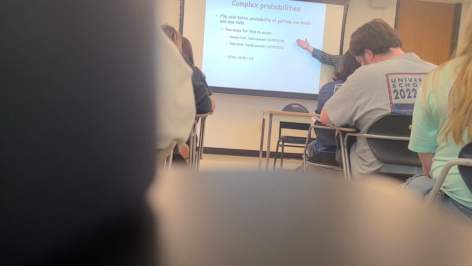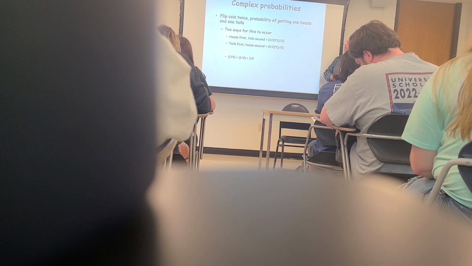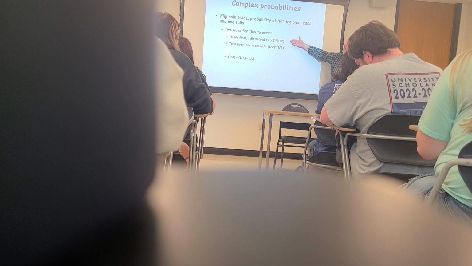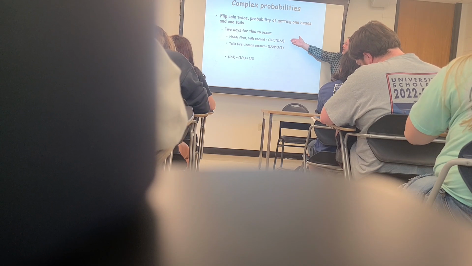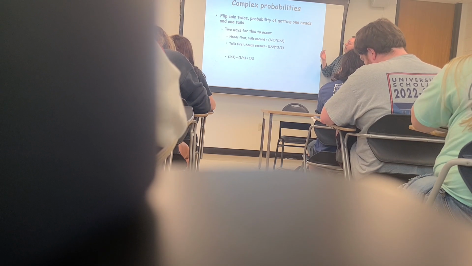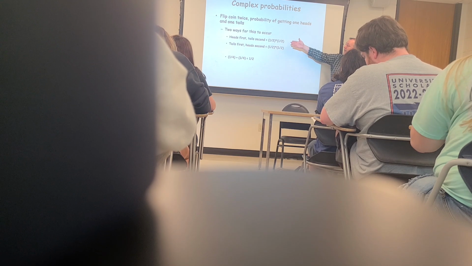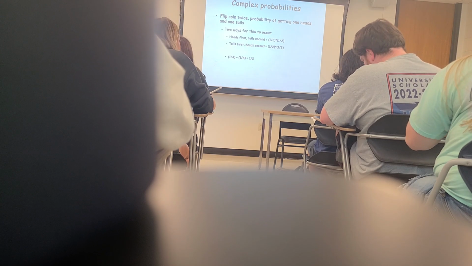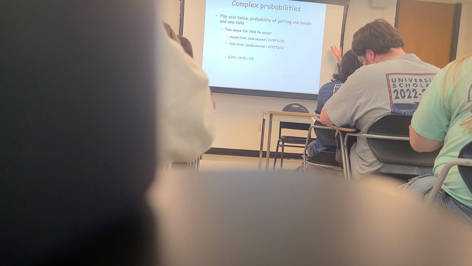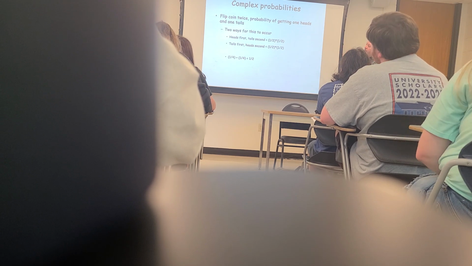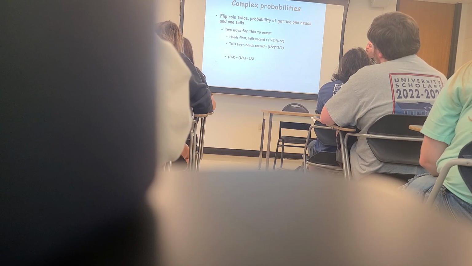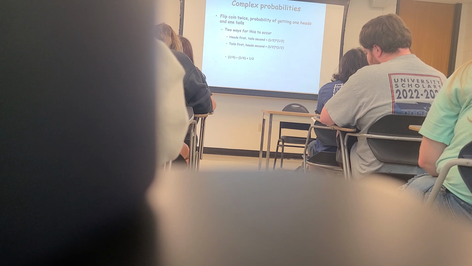Heads first or tails first. And so the probability of the first event, heads, then tails, is just 1/2 times 1/2, which is 1/4. The other possibility is also the same thing, 1/4, because tails times heads. And because there are two possibilities, we need to add those possibilities together to get 1/4 plus 1/4 equals 1/2.